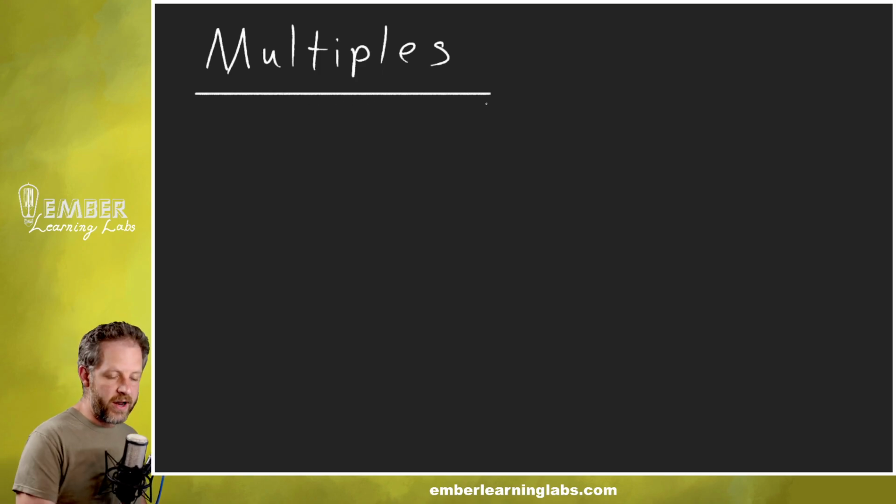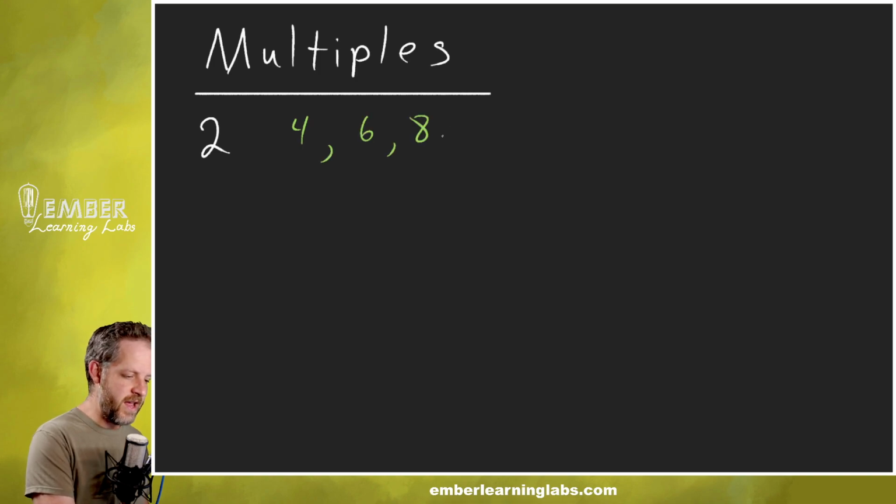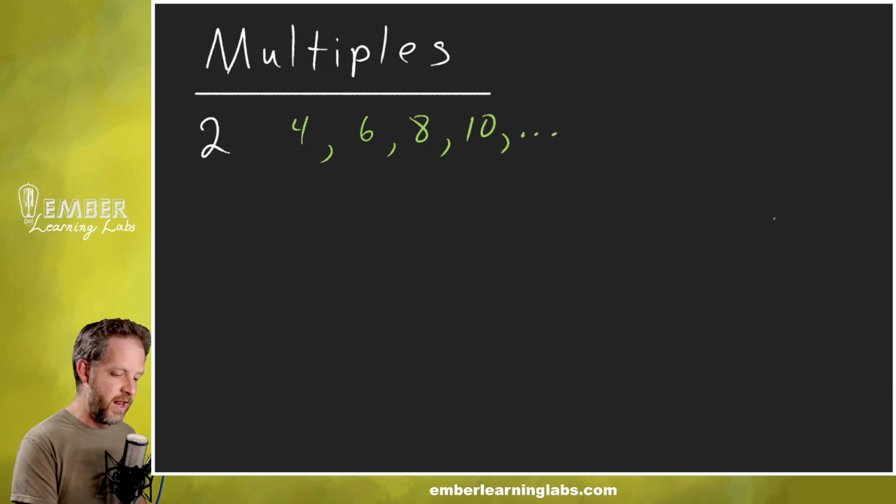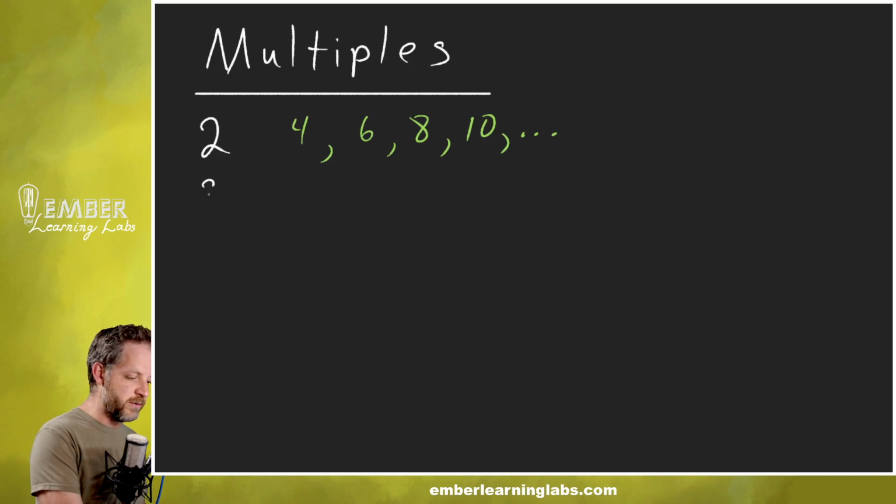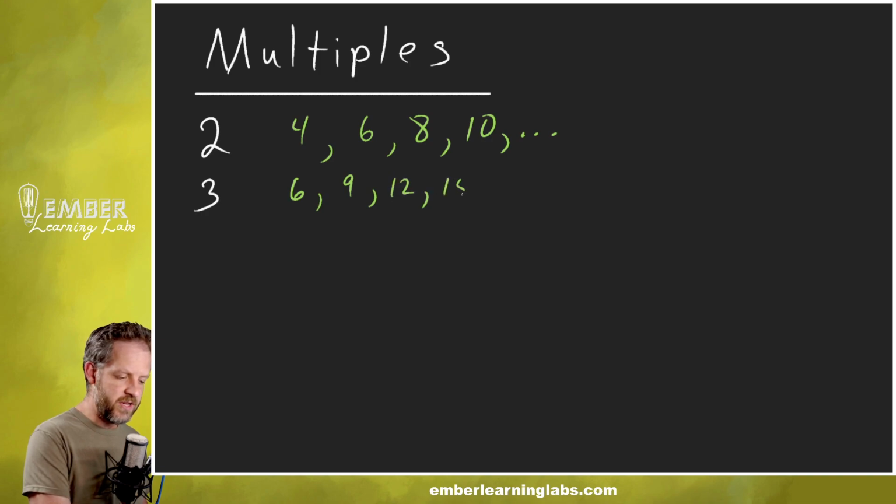For example, the multiples of 2 are 2, 4, 6, 8, 10, etc. So these are the multiples of 2. What would be the multiples of 3? Well, they would be 3, 6, 9, 12, 15, etc.